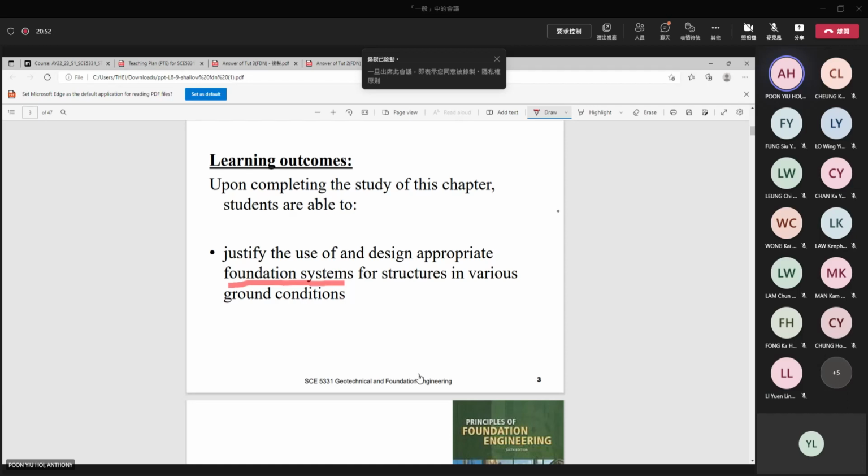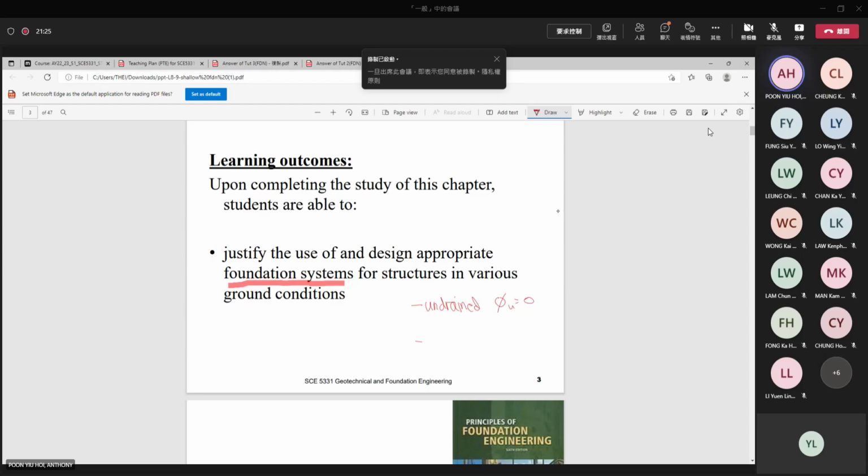First of all, various shapes of foundations, and we also need to remember we have two major types of shear strength. If you still remember, one is the undrained shear strength, which calls for phi equal to 0.